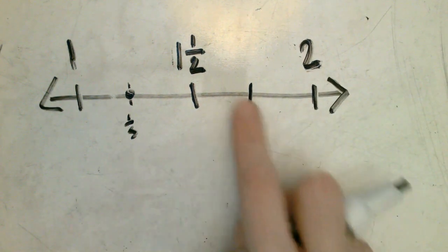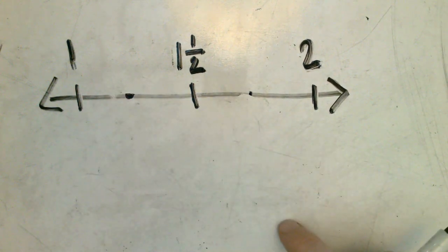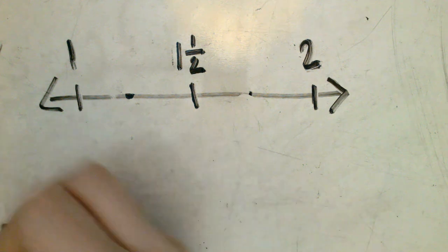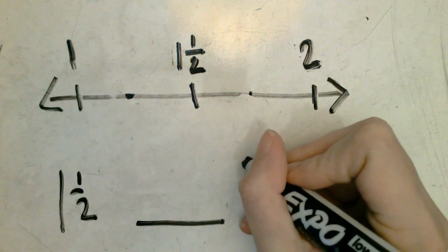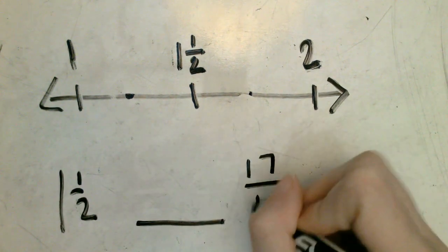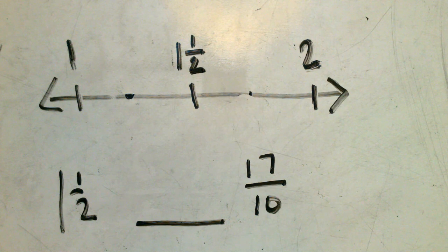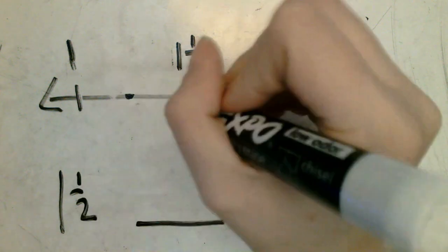I'm going to erase this and the little dashes I added onto my whiteboard, and we're going to do another one together. Let's say we were going to compare 1 and 1/2 to 17/10. So if we were thinking about 17/10, if we split our number line up into tenths, right now it's just partitioned into halves. Let's split each of these sides up into fifths.